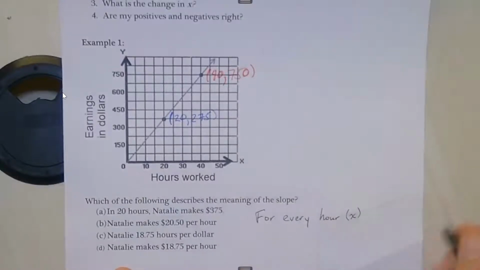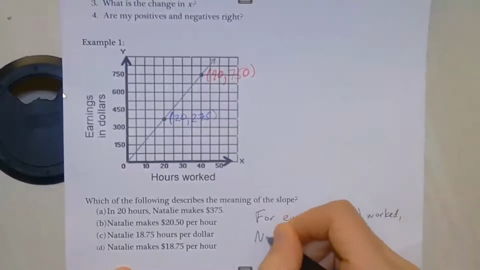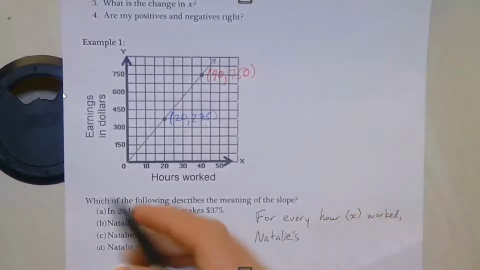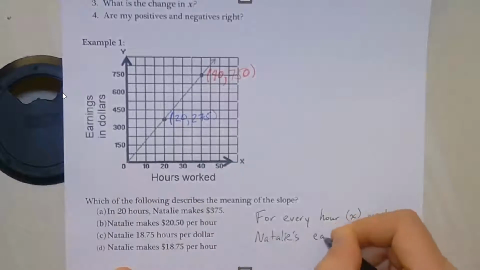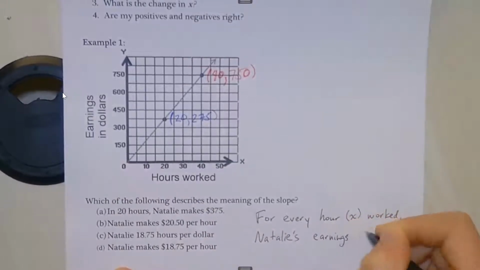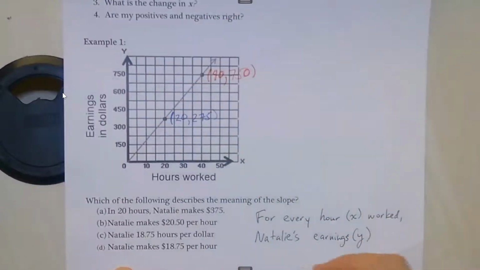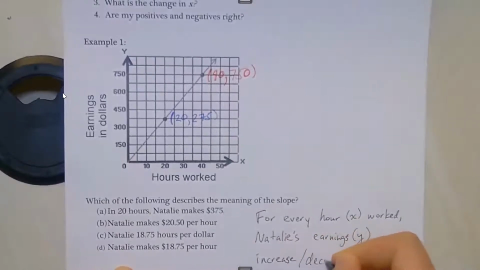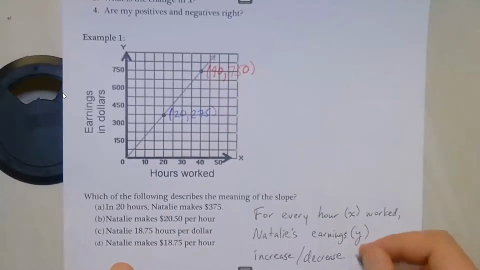For every hour worked, Natalie's earnings in dollars, Natalie's earnings measured on the y-axis, either increase or decrease. We're going to circle one of those by blank dollars.